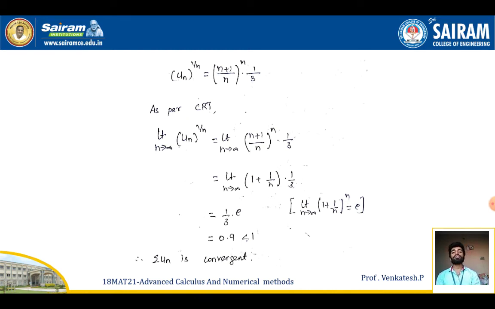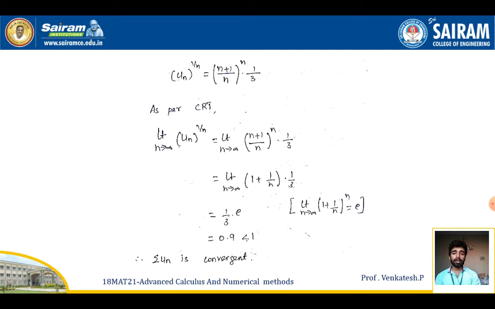So I will get u_n^(1/n) = (((n+1)/n)^(n²))^(1/n) × ((1/3)^n)^(1/n). On cancelling the powers and simplifying, I will get u_n^(1/n) = ((n+1)/n)^n × 1/3.